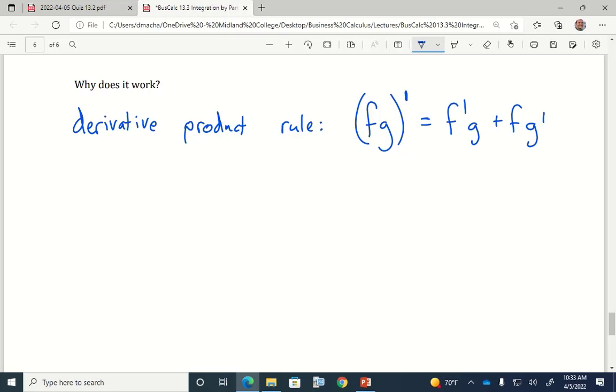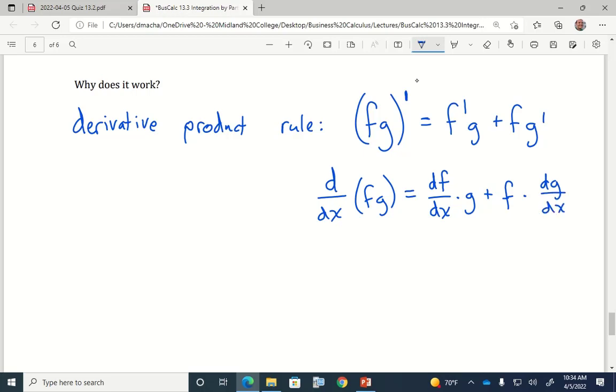Another way I could write this is the derivative, with respect to x, of f times g, equals the derivative of f with respect to x times g, plus f times the derivative of g with respect to x. Because the g prime just means the derivative of g.